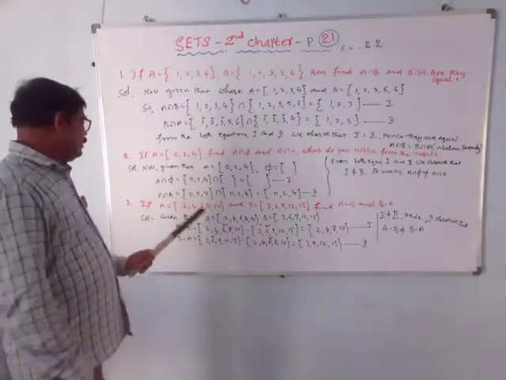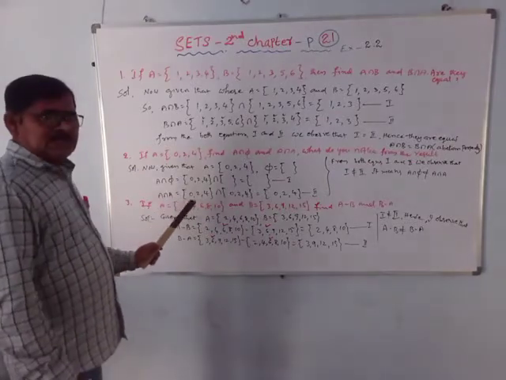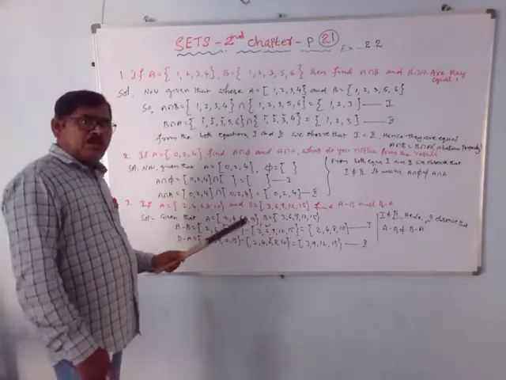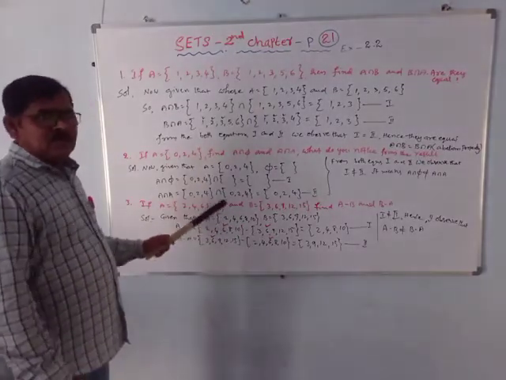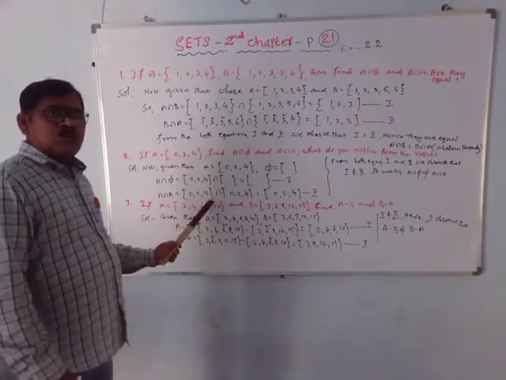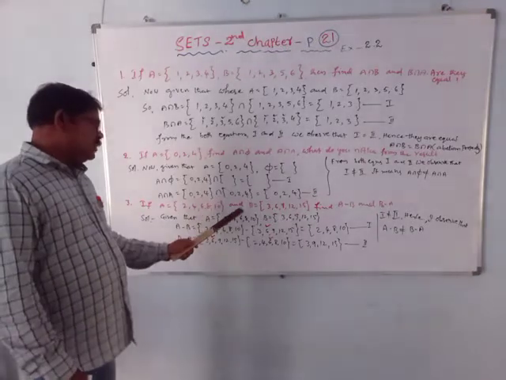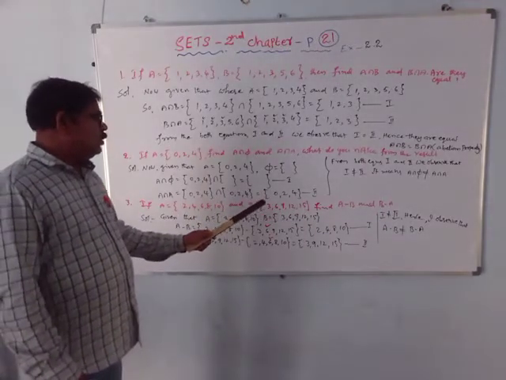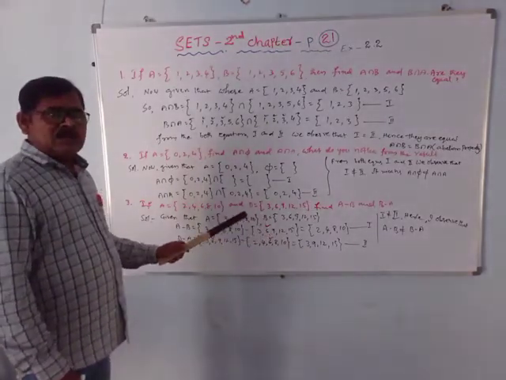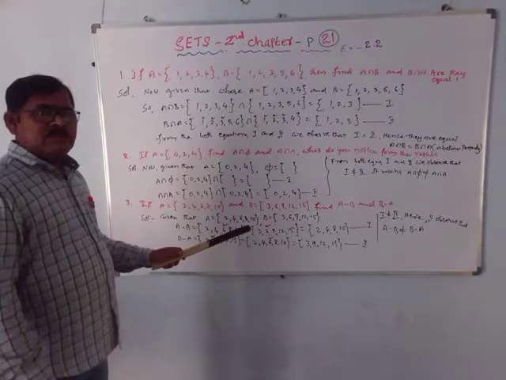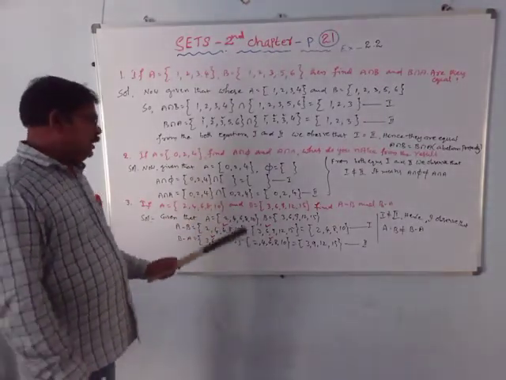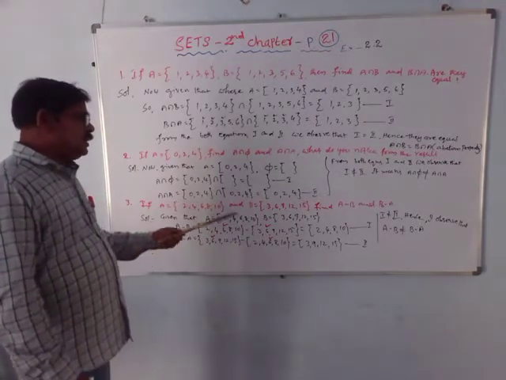Therefore, it is taken as equation 1. I am finding A intersection A, and this means the intersection of the same sets. Here A intersection A is equal to {0, 2, 4} intersection {0, 2, 4}. The result is the same, {0, 2, 4}, because both sets have the same elements and an equal number of elements.